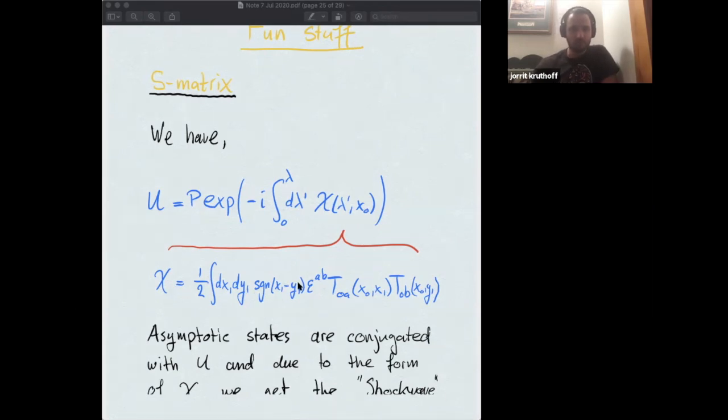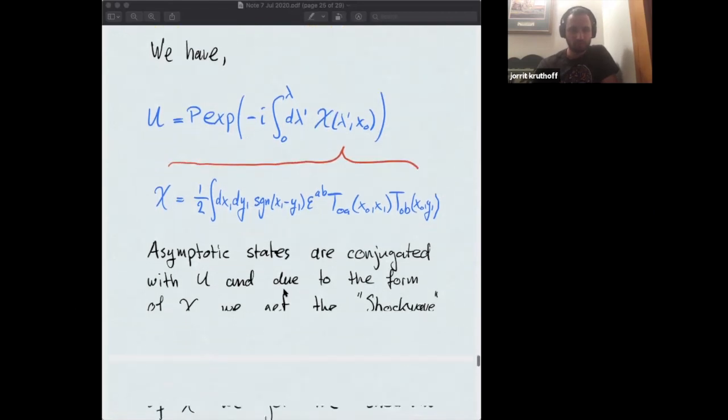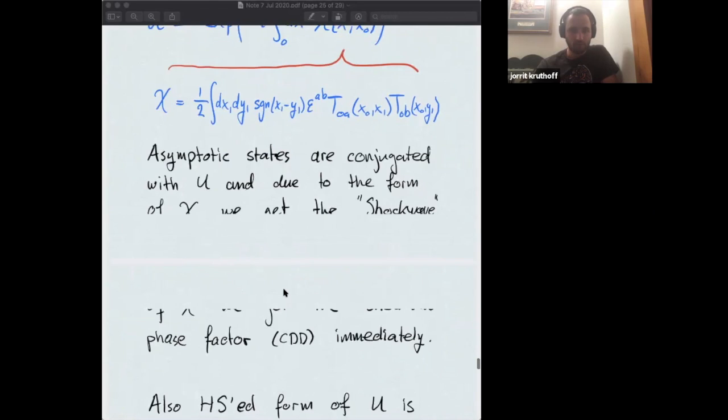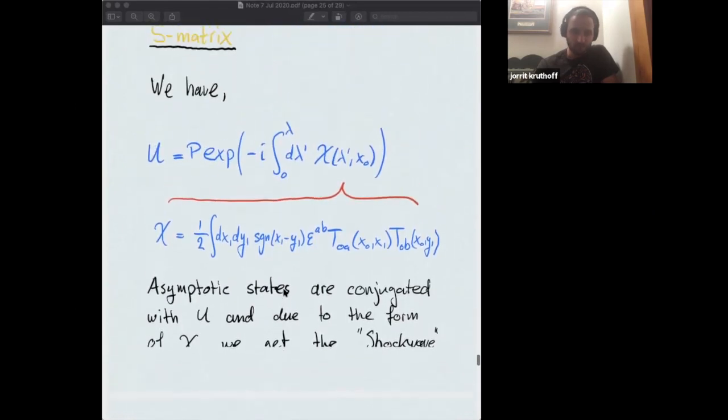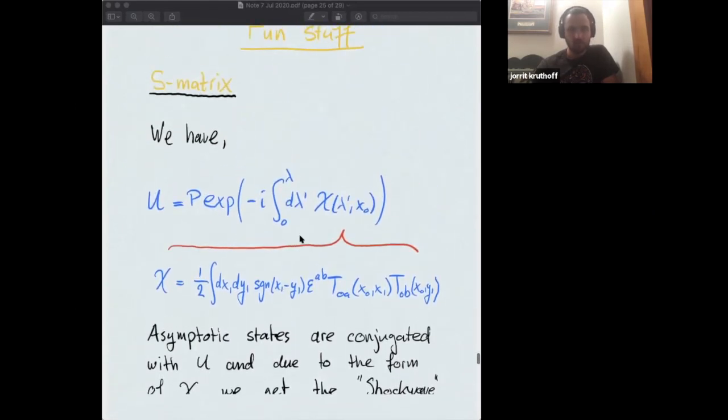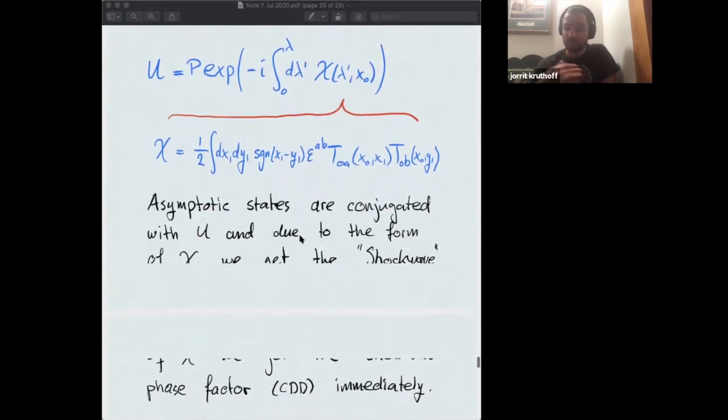So here I've written a bit more explicitly this operator chi on the plane. This Green's function here is the sine function. So the S matrix in the TTbar theory is actually very simple. It's the original S matrix times a phase factor, and this phase factor depends on the momenta of the outgoing and ingoing states.